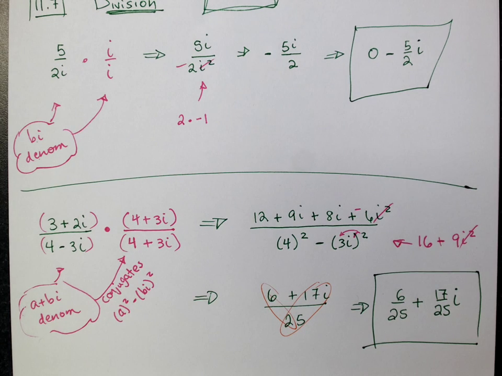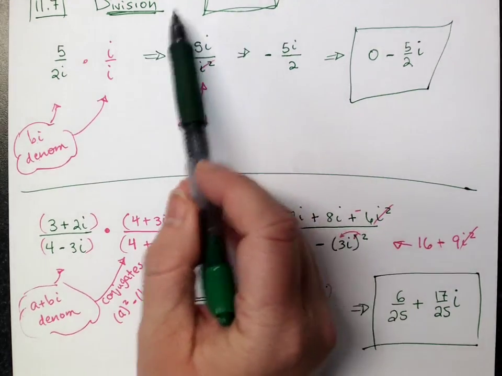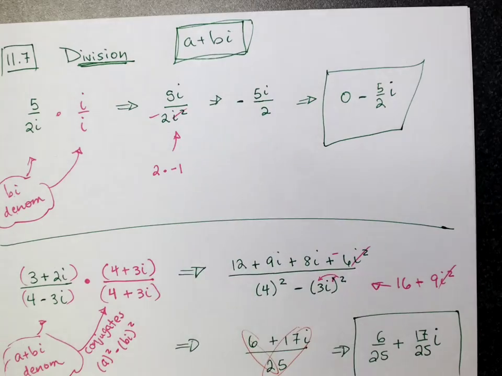Okay with those? Okay. All right. And then to finish up 11.7, so we looked at adding and subtracting, multiplying and dividing complex numbers, understanding how i behaves, and understanding what the complete definition of a complex number is. Okay.